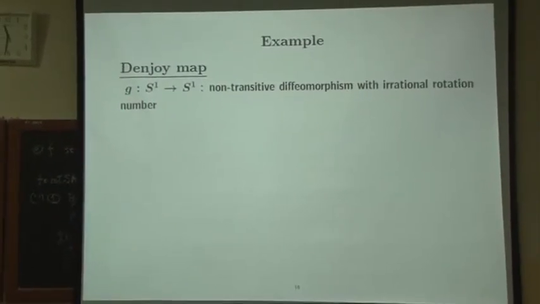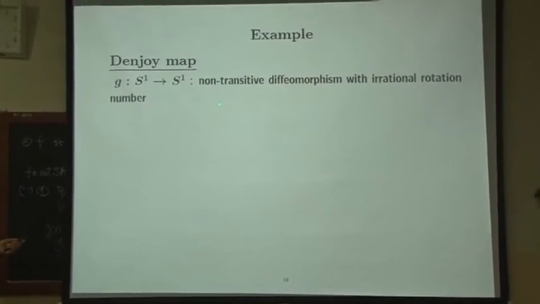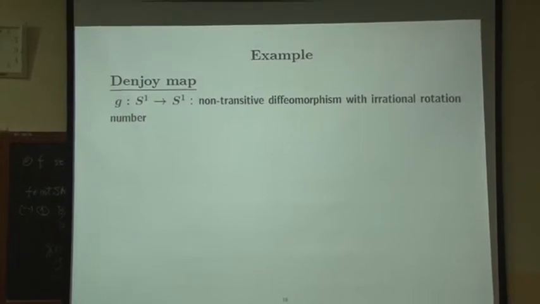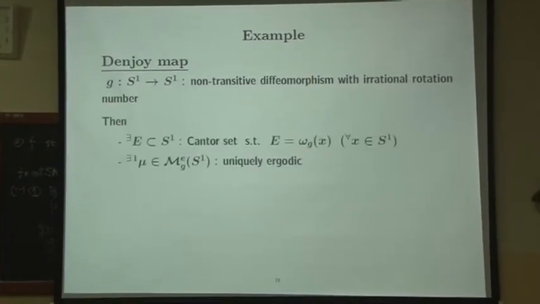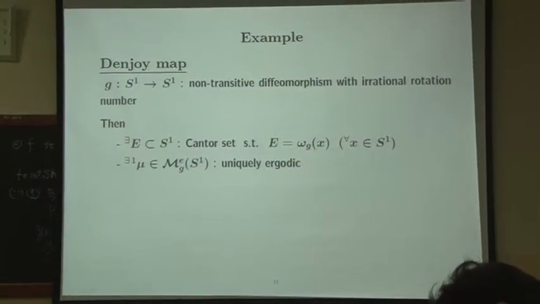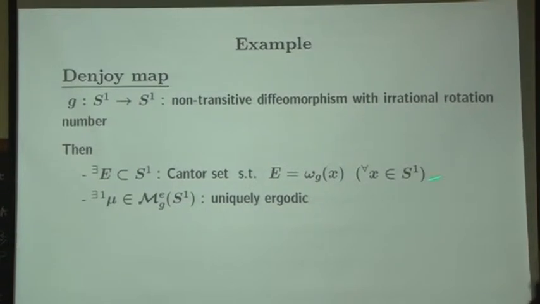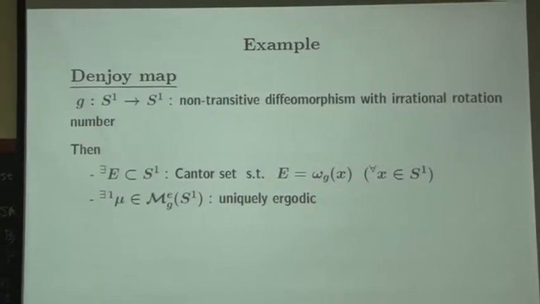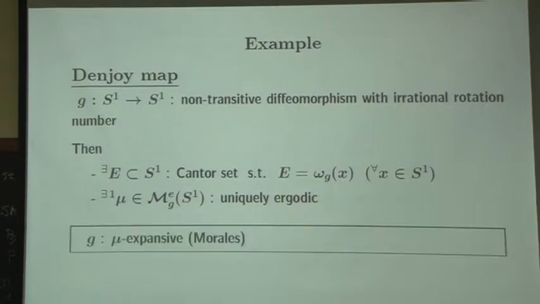Let me recall the Denjoy map, a transitive diffeomorphism with rational rotation number. Then it is known that there exists a Cantor set with this property, and it is unique. More is true: this map is expansive.